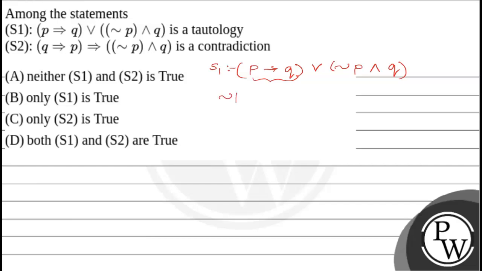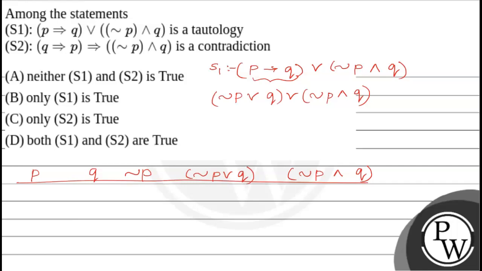So we will get not P or Q or not P and Q. तो यहाँ पे हम एक truth table बना लेंगे. So we will have P, Q, negation P. यहाँ हम negation Q नहीं लेंगे क्योंकि we don't have negation Q in this boolean expression. And we have to find negation P or Q का value and negation P and Q's value.